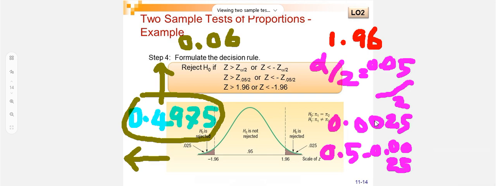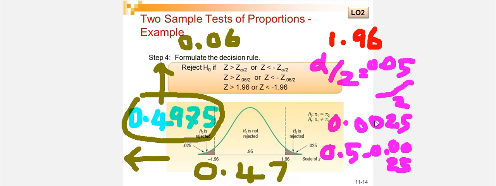This but terbalik. Okay, thank you. This one should be 0.4975, bukan 4975. Wait, cuba lagi sekali.